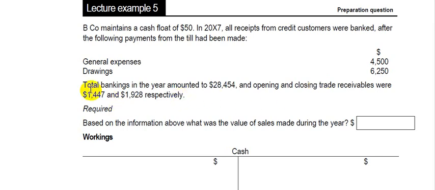We are told total bankings in the year amounted to 28,457, and opening and closing trade receivables were 1447 and 1927 respectively. So we're going to open two T accounts.